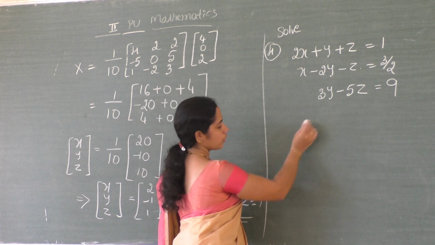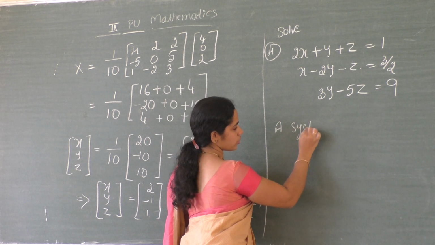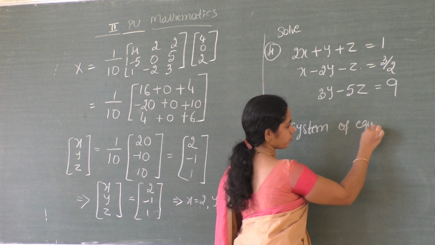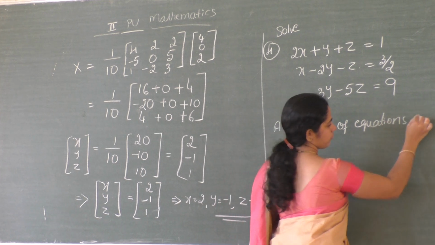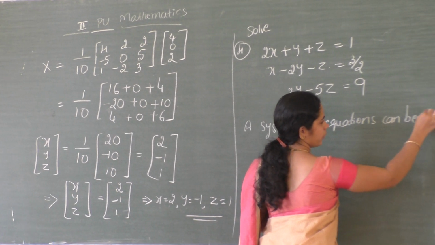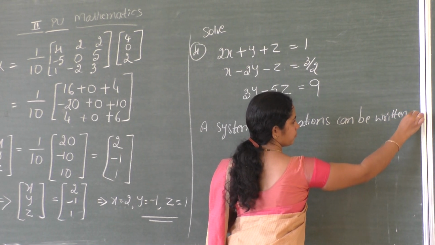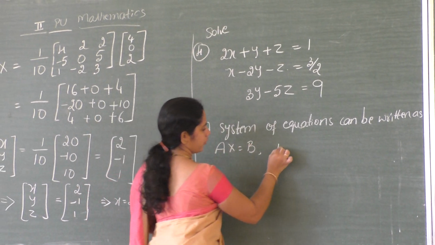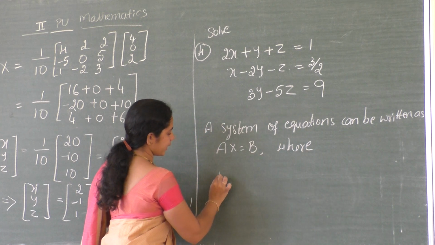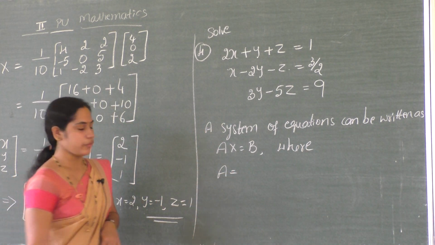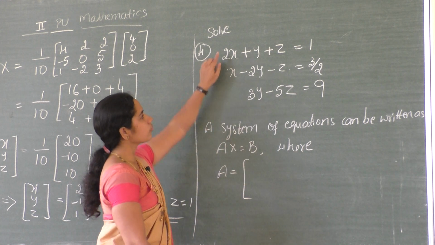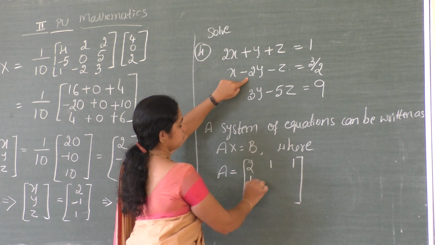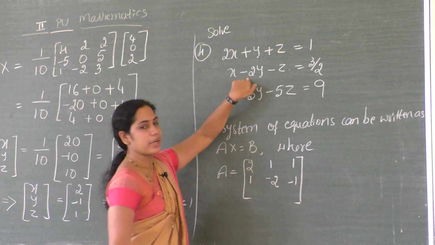Here, same way, a system of equations can be written as Ax equal to b, where what is A here? A equal to coefficients 2, 1, 1, 1, minus 2, minus 1.